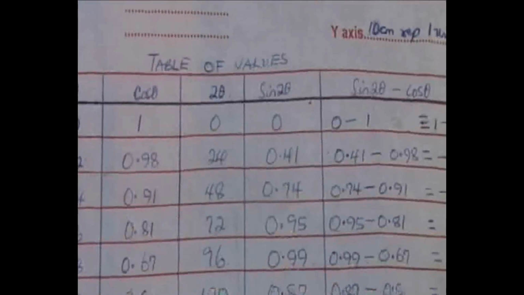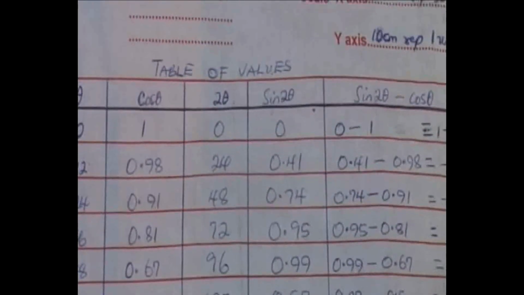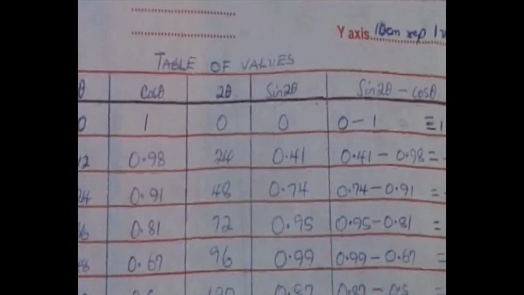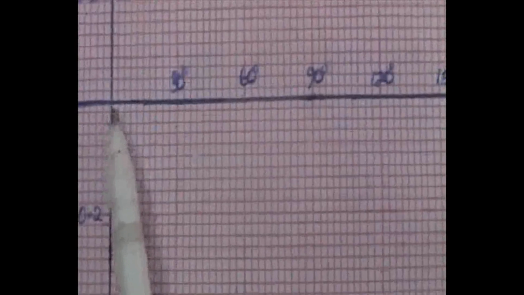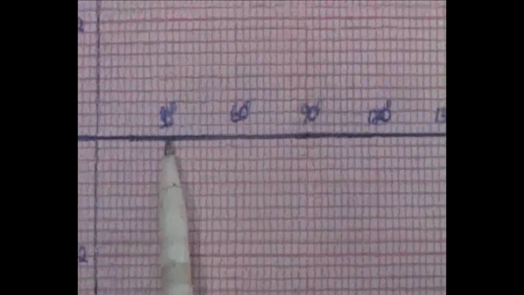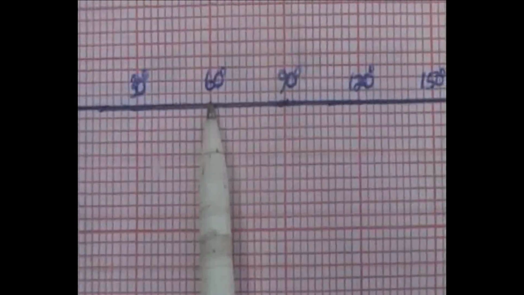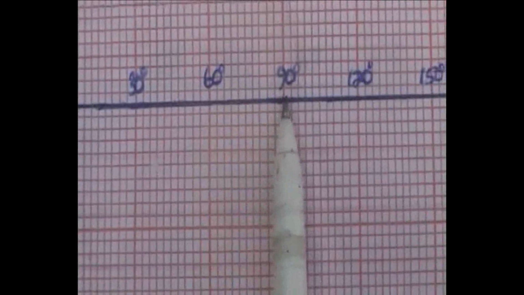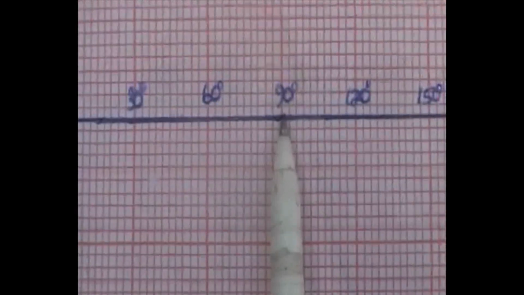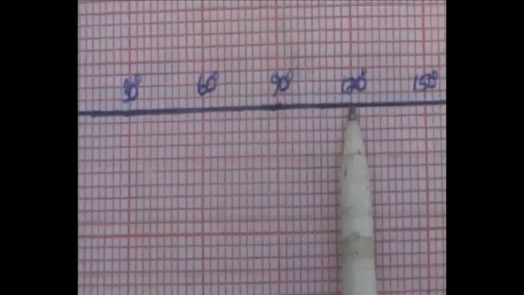Now from the scale, the scale says 2 cm represents 30 degrees on theta axis, that is the x-axis, and that was why you know from here to here is 2 cm. That was why you saw 30 there. The next 2 cm is another 30, which made it 60. The next 2 cm is another 30, which made it 90. The next 2 cm is another 30, that made it 120, until it ended in 180 degrees.